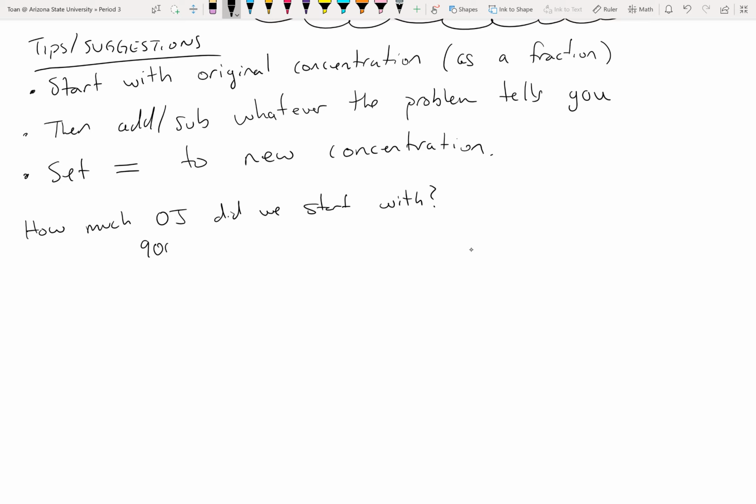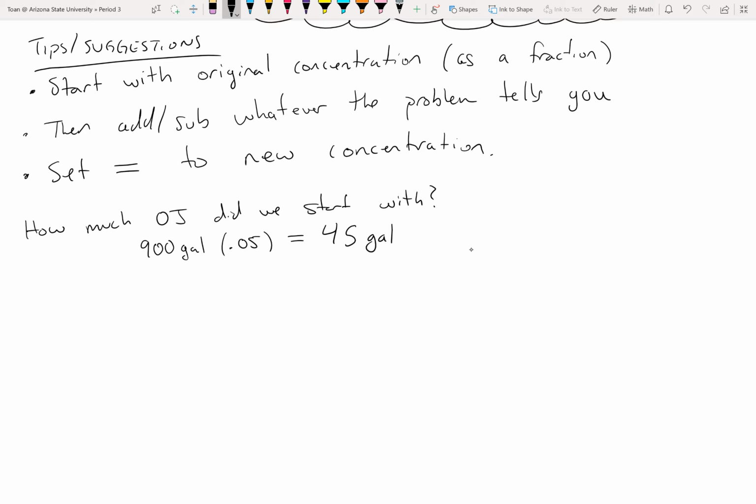They told us we have 900 gallons at 5% concentration. So we should have 5% of 900 orange juice, right? That's just logic. I hope that makes sense to everyone. So what's that? That's 45 gallons, I think. 9 times 5 is 45?